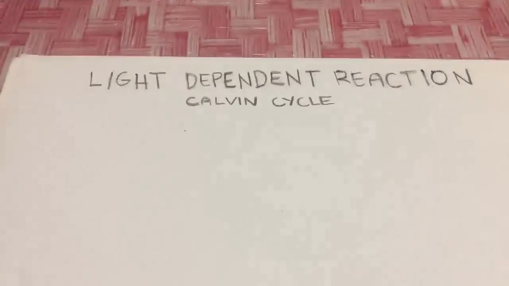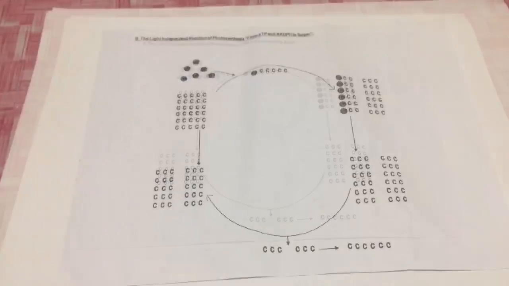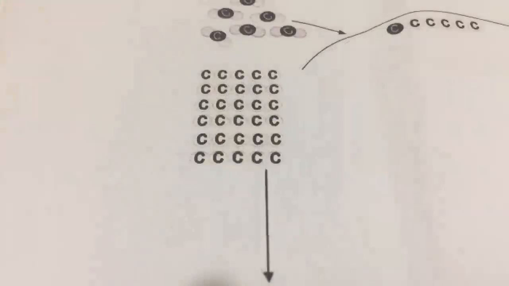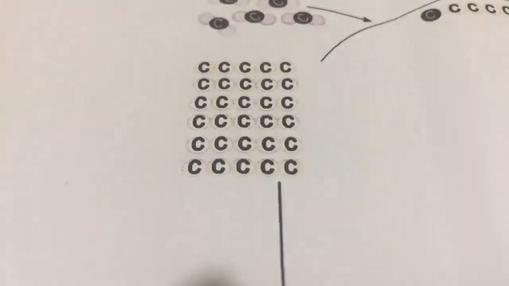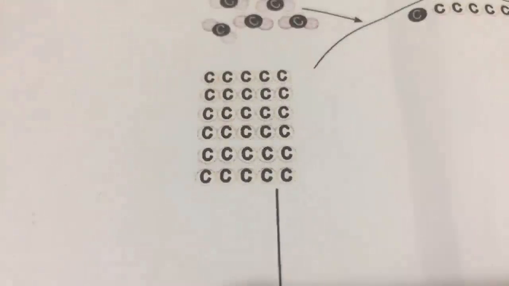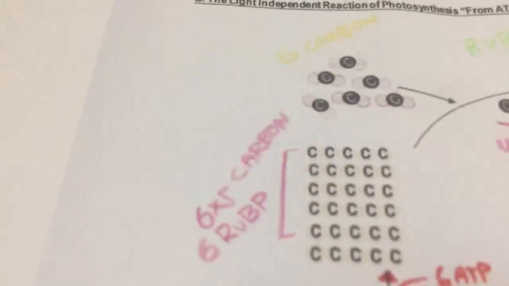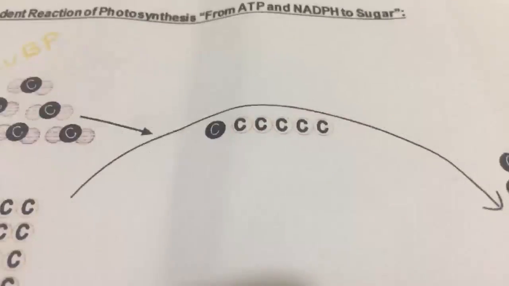The Calvin cycle occurs in the stroma of chloroplasts. So first, these 6 black dots represent 6 carbon dioxide molecules and need to be combined with 6 RuBP, or ribulose bisphosphate. Each one of RuBP will attach to the 6 carbon dioxide molecules.